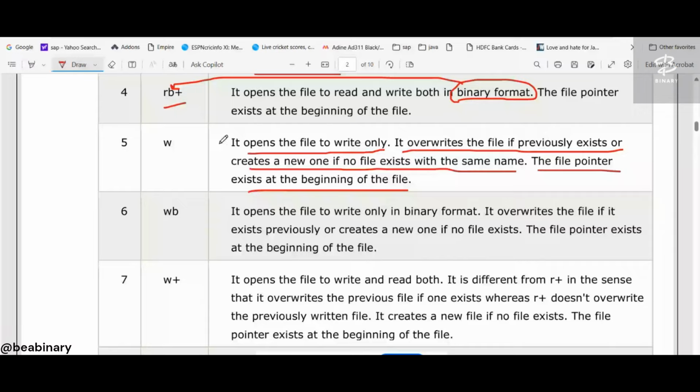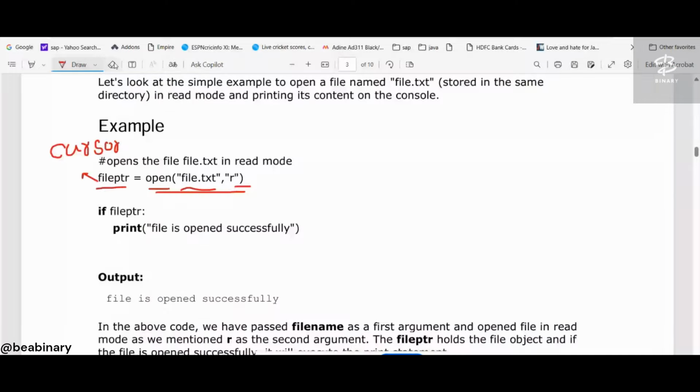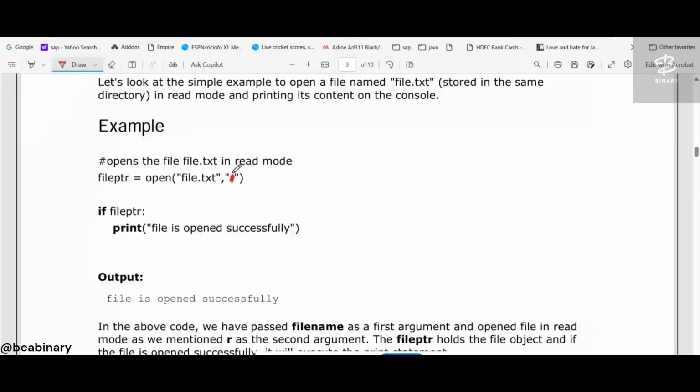Understand first. For example, if we want to open a file with the syntax, for example, file.txt, observe this syntax, and our mode is W. Instead of R, we have a W. Okay, just understand the point.